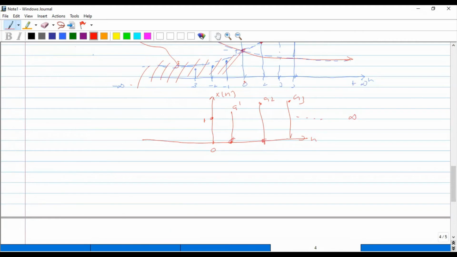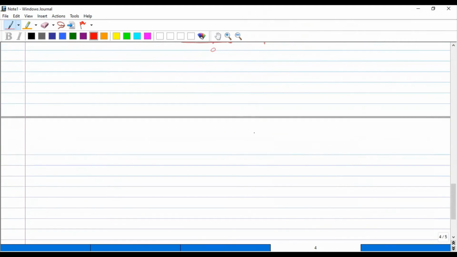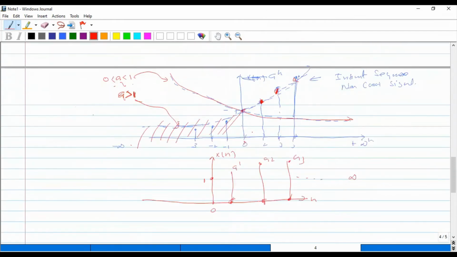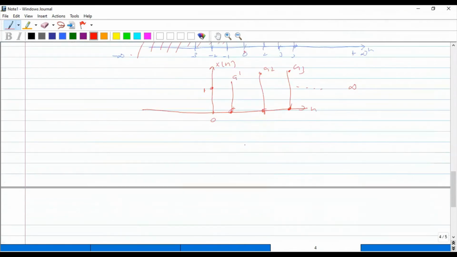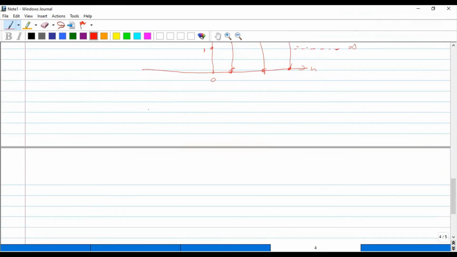If I write the z transform for this infinite sequence, what will I get?